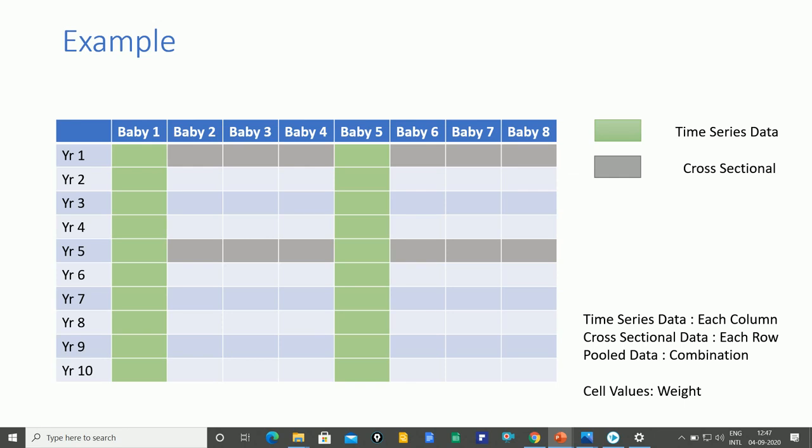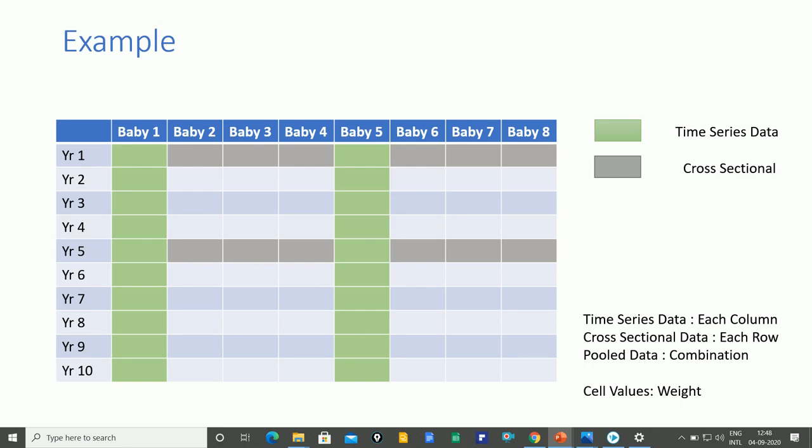Now coming to another example. Consider a hospital where there are 8 babies and I have the record of the weights of these 8 babies over the years. That means weights of the babies who have completed their first year of age, weights of babies who have completed their second year of age, and so on, till weights of babies who have completed 10 years.